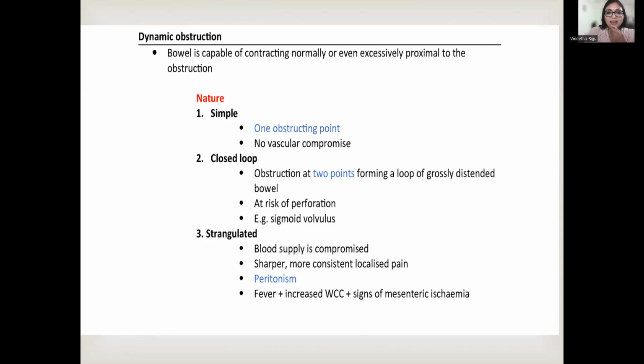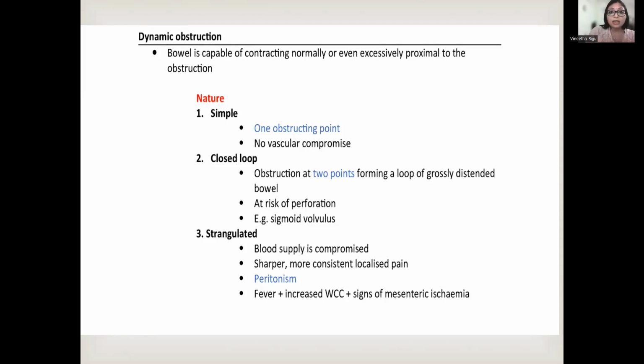Yes, Dr. Jennifer also says volvulus can be a cause. Yes. So what is that when you physically examine the patient and there is excessive contractions?